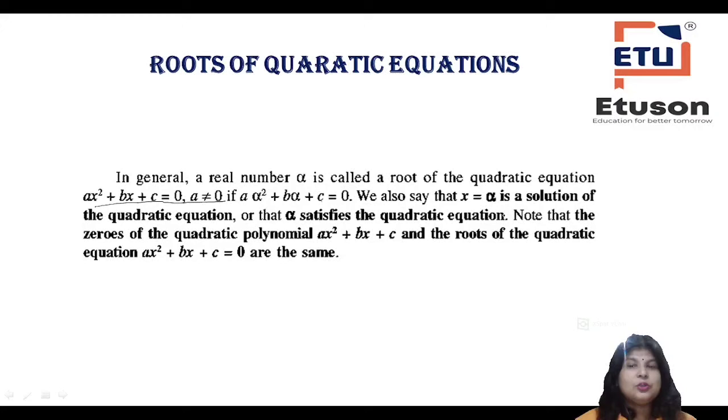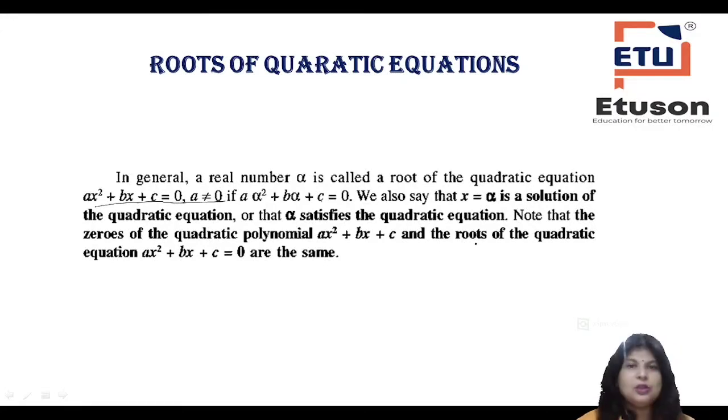Okay. Note that the zeros of the quadratic polynomial ax square plus bx plus c and the roots of the quadratic equation, that is ax square plus bx plus c is equal to 0, are the same. So that means the root of the quadratic equation and the zero of the quadratic polynomial are the same.